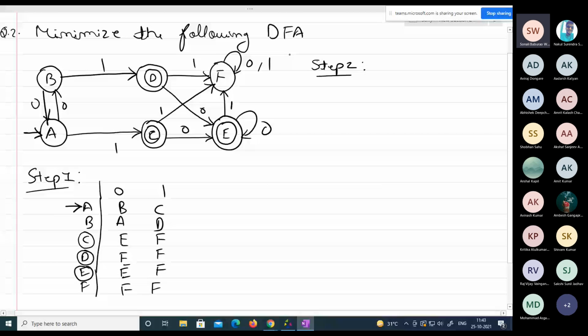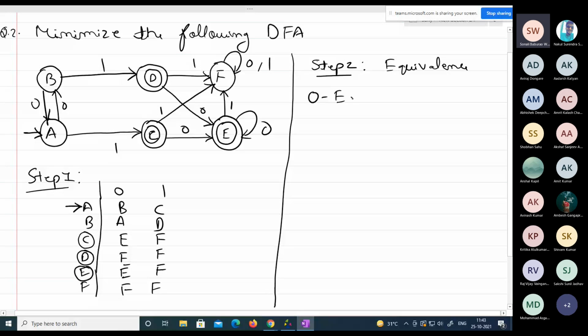Okay, now step number 2. Step number 2 is computing the equivalence. In that, I'm going to write my first equivalence, that is zero equivalence.